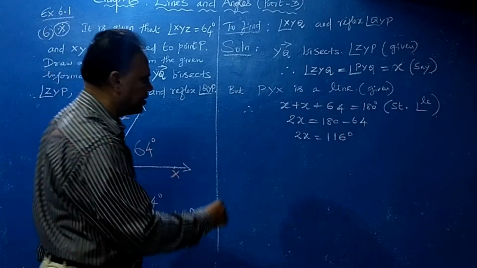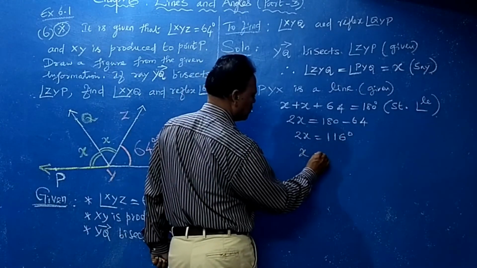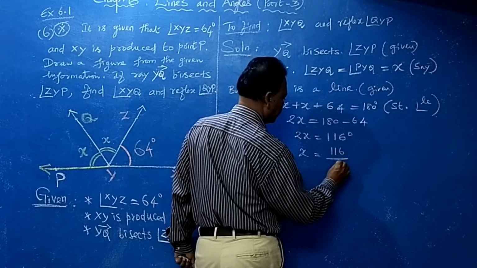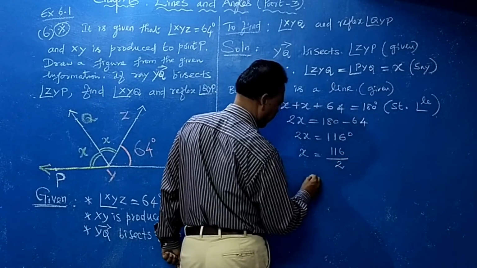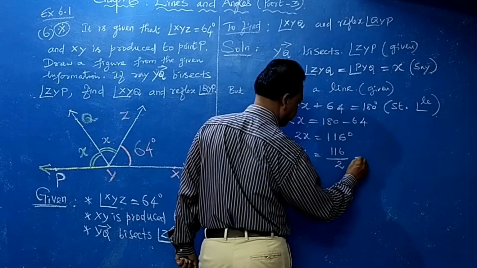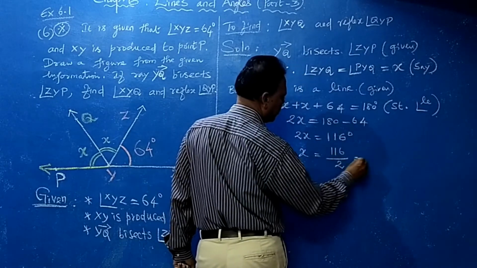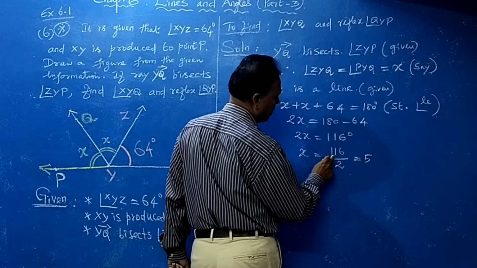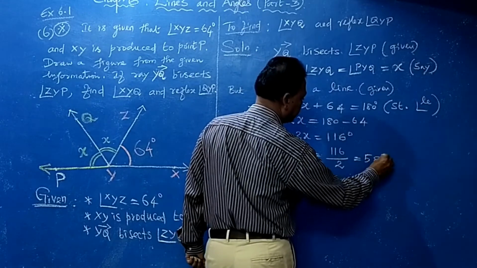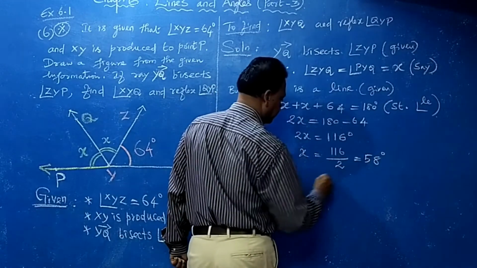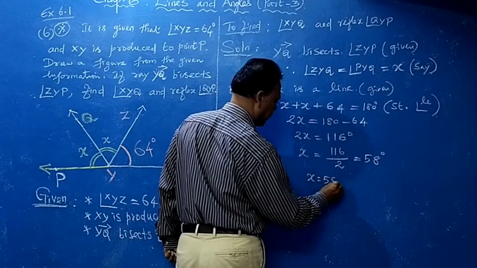Now you divide by 2, so x is equal to 116 by 2. How much? 2 fives are 10, then 2 eights are 16, so 58 degrees. That is x is equal to 58.